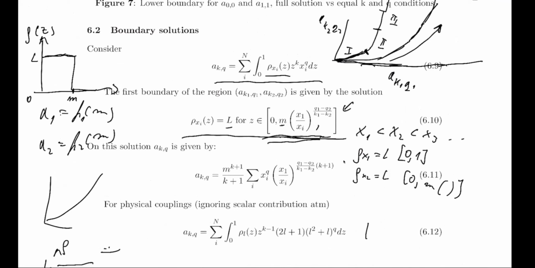And so really the issue here is, as I mentioned, why is it that it's these particular spectra that are saturating the boundary? It's kind of interesting that in this picture we're actually knowing the spectrum first.